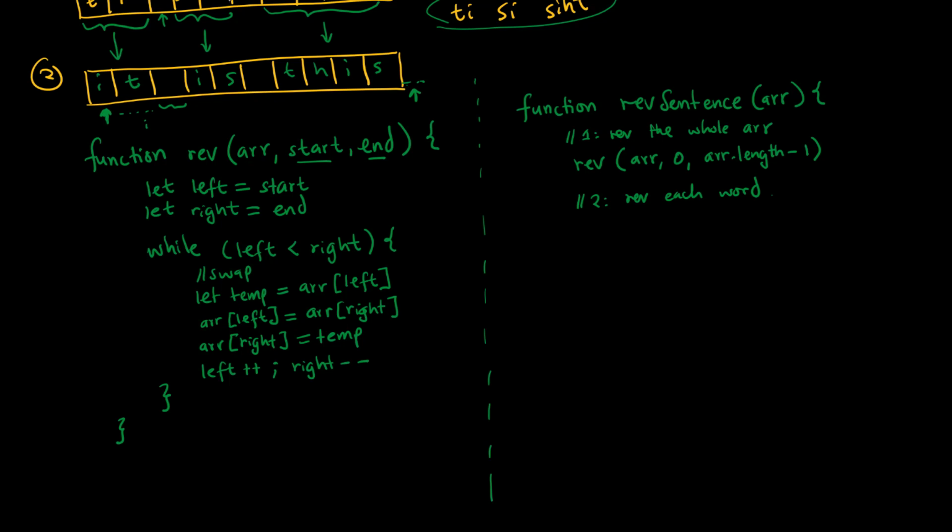So let's do it. We'll let our iterator i be equal to 0 and let our start also be equal to 0. That's what we'll be using to know the beginning of the word.